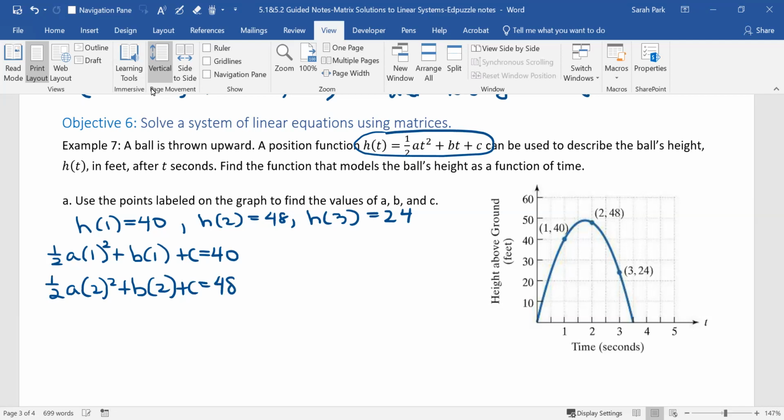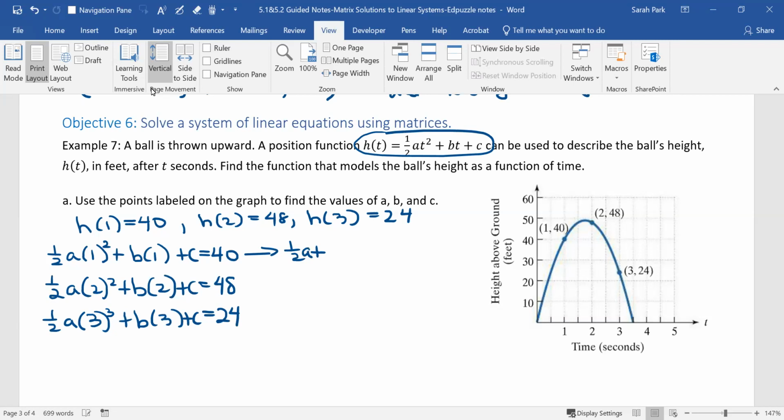The third equation is 1/2 a, this time t is 3, so 3 squared, plus b times 3 plus c is equal to 24.